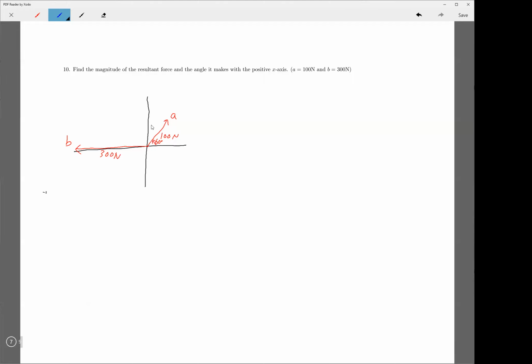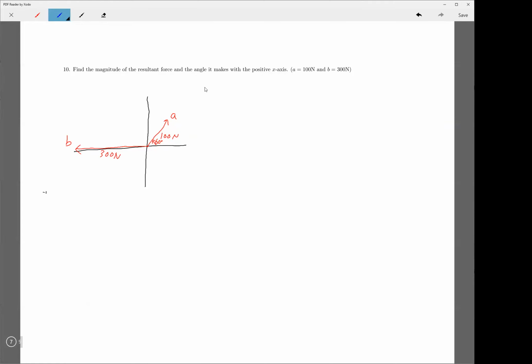Unfortunately, these are both expressed as direction and magnitude, and when they're expressed that way, it's hard to add them together. They don't add together very easily.